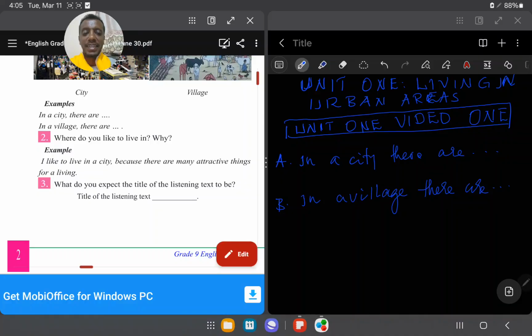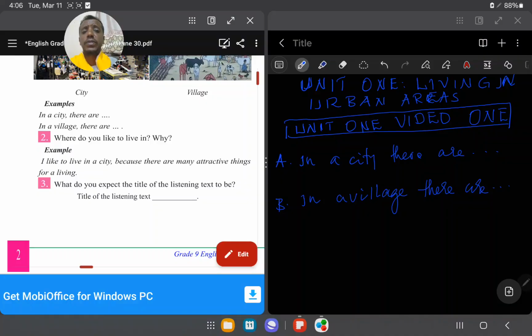Based on the listening, in the village there are... what do you understand from the text? In the village, if you remember from the listening text, there is a large open space, for example grass or maybe a field.